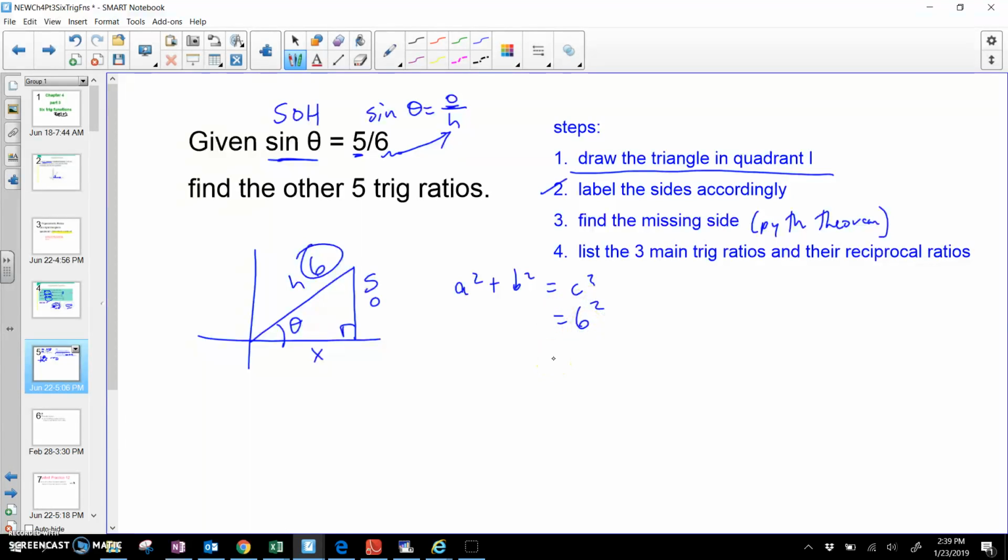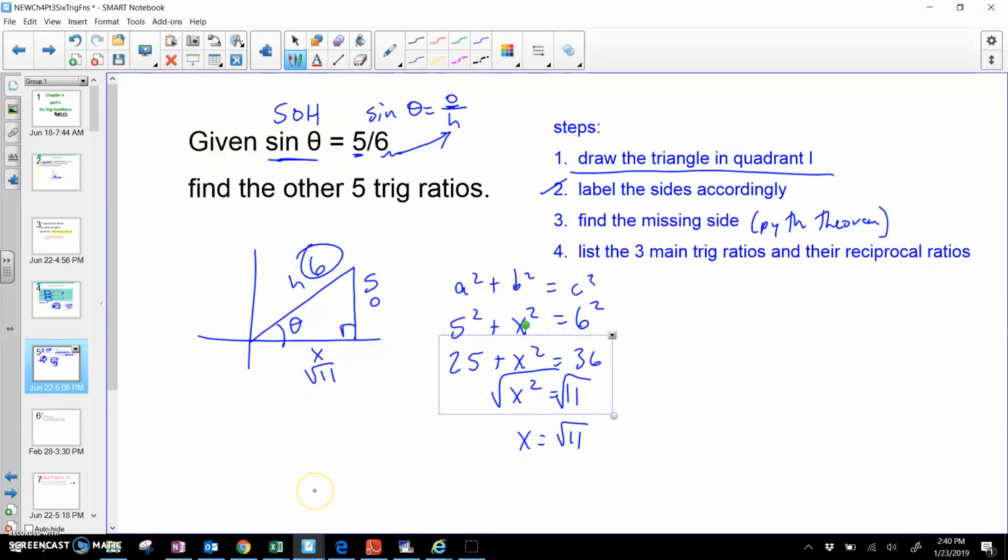So it's going to be 6 squared over here. The a and b don't matter, so I have 5 squared plus x squared. So I get 25 plus x squared equals 36. Subtract 25, I get x squared equals 11. And then we square root. Technically, when we square root, we get positive and negative, but since we're talking length, it's going to be positive. So I get square root of 11.